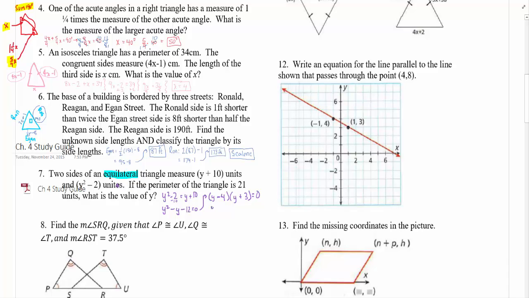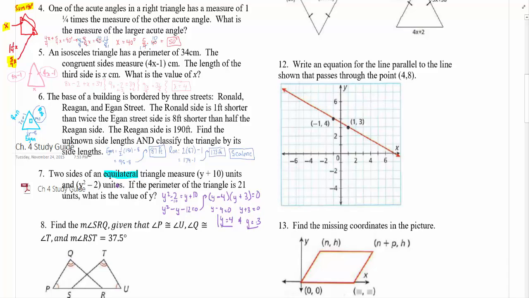Now set each factor equal to 0. So I have y minus 4 equals 0, y plus 3 equals 0. So I get y equals 4 and y equals negative 3 for my values of y.